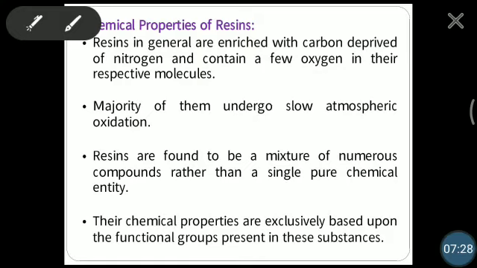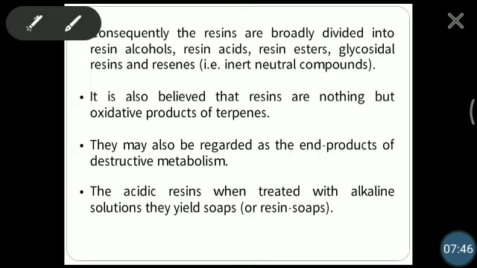Resins are found to be a mixture of numerous compounds rather than a single pure chemical entity. Their chemical properties are exclusively based upon the functional groups present in these substances. Consequently, resins are broadly divided into resin alcohols, resin acids, resin esters, glycoresins, and resenes.